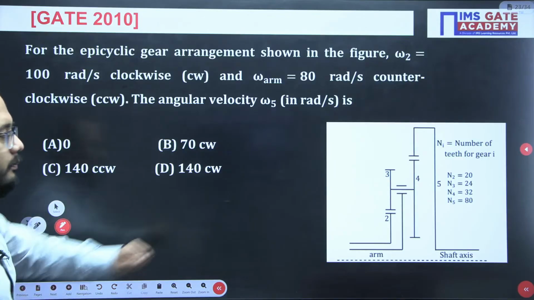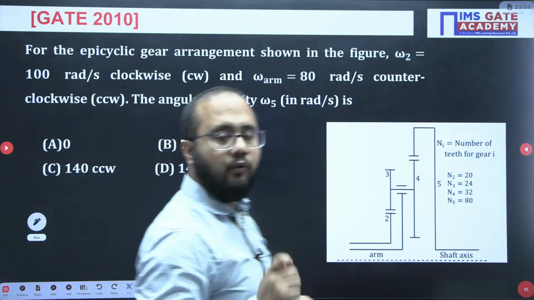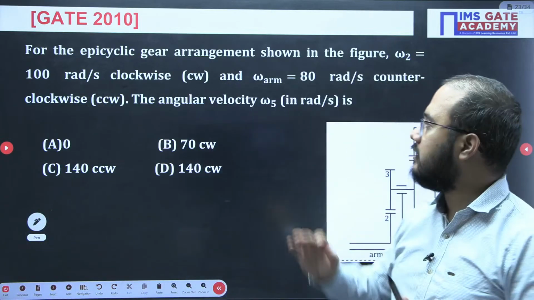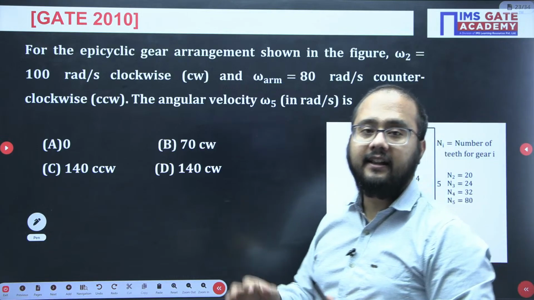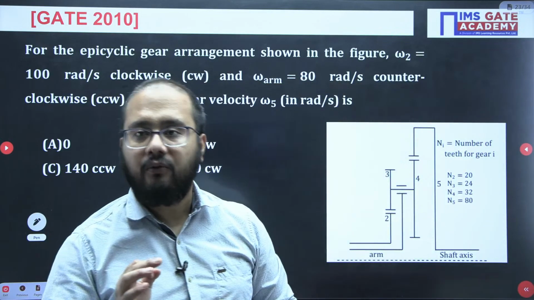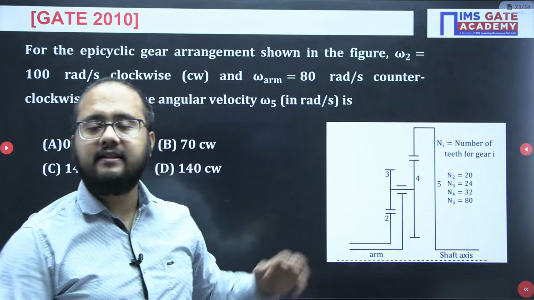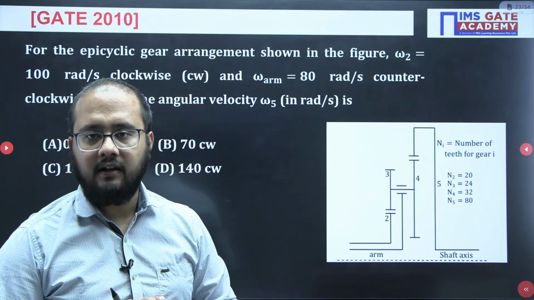Now coming back to the question that was asked in the GATE examination in 2010. After 2010, in GATE 2024, they have asked for the second time a line diagram of an epicyclic gear train.